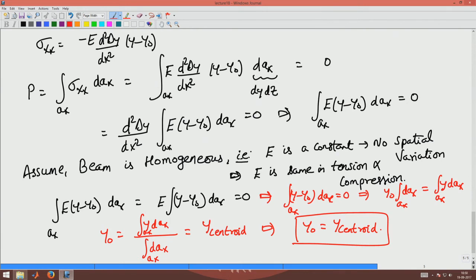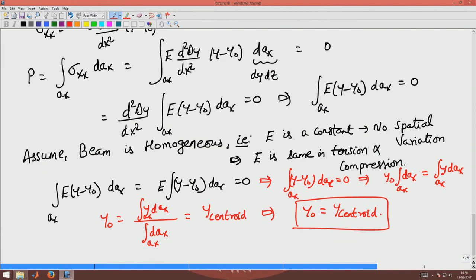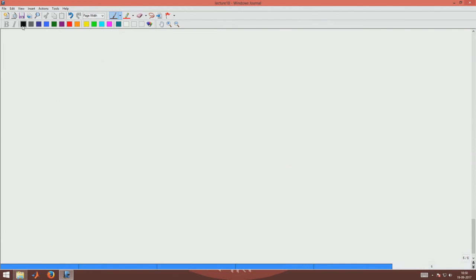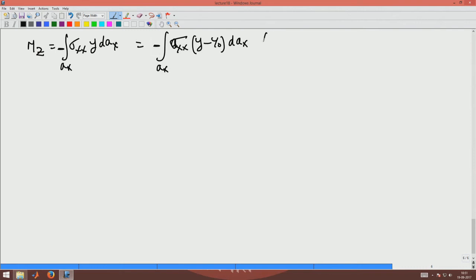Now, we have found the expression for y naught. Next, let us go ahead and find d square delta y by dx square. I know that the moment Mz is given by the integral of sigma xx into y dA of x. This I am claiming is the same as the integral of sigma xx into (y minus y naught) dAx, since P is 0.